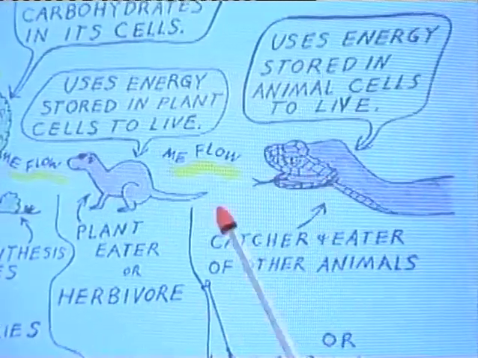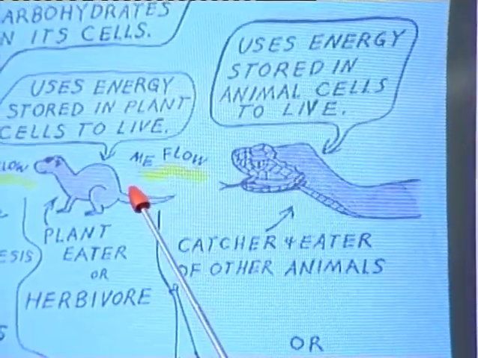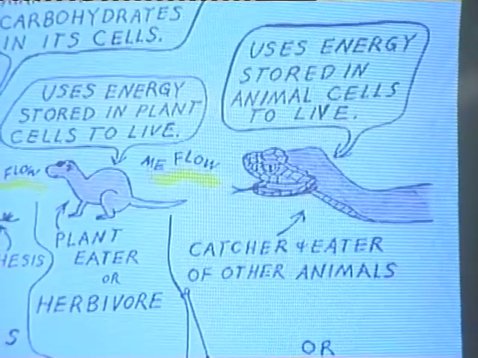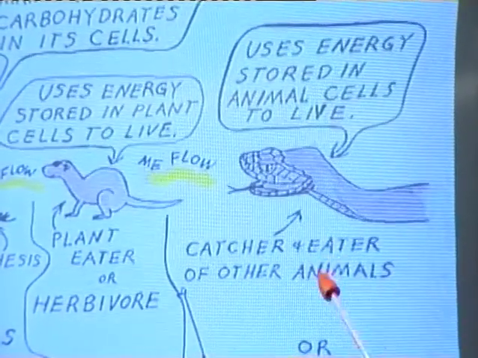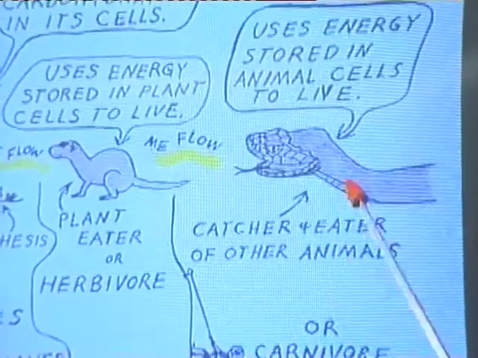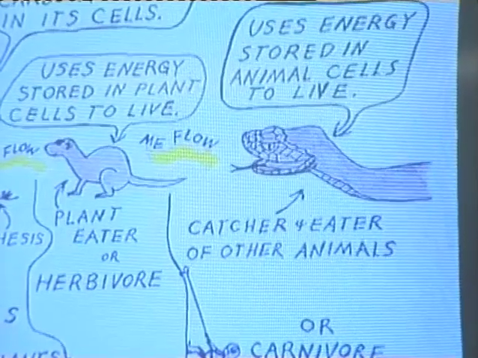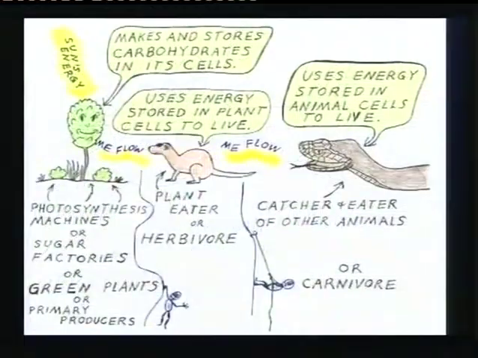And then later the snake comes and eats the plant eater, or the herbivore. And this is the catcher and eater of other animals, so we can say carnivore. It uses the energy stored in the animal cells to live. Right, good. Now, on to our activity.